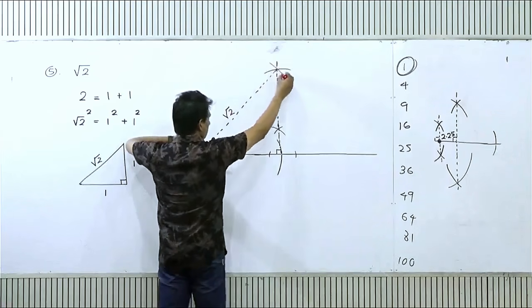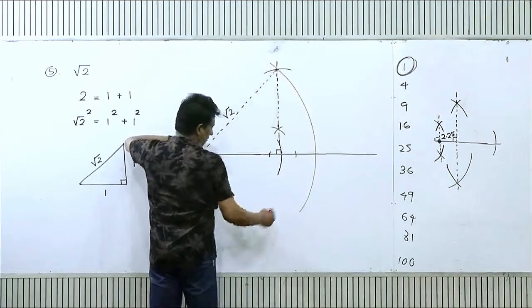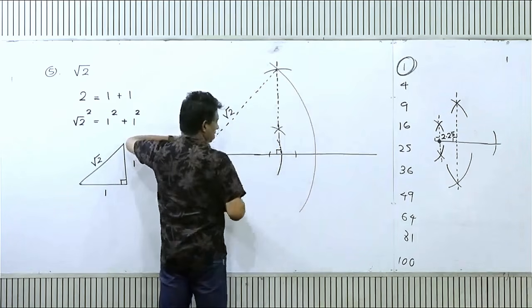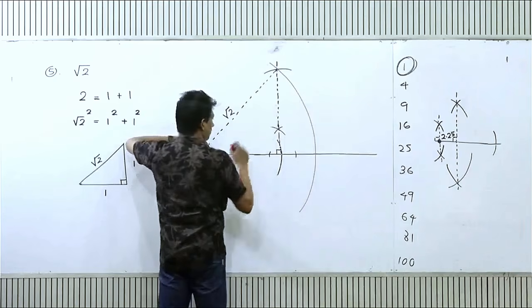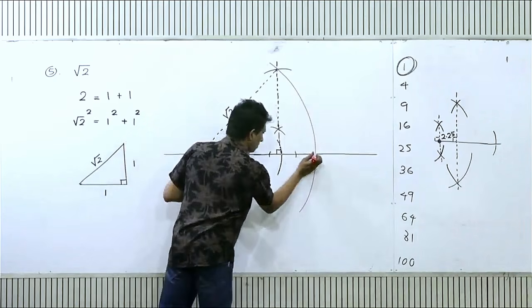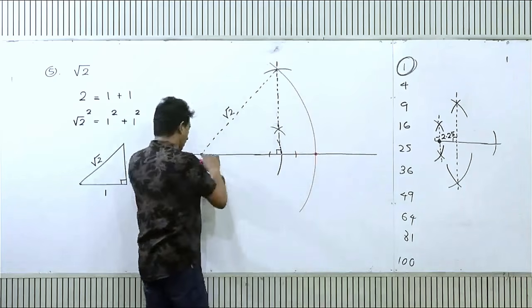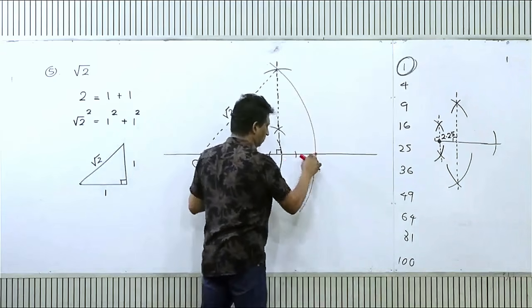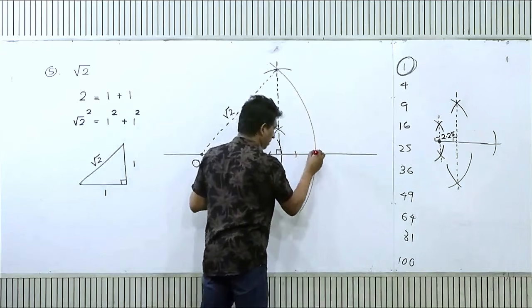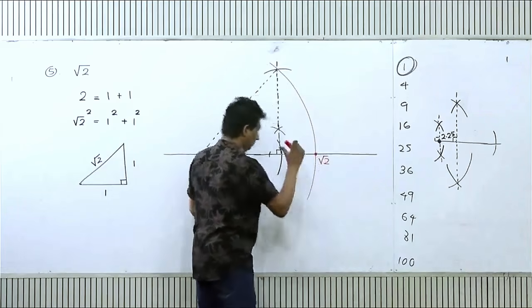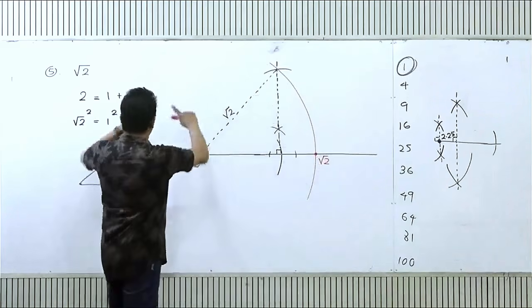Then we have to draw an arc like this. Then from this center to any point of this arc is root 2, no? Then from this point to this point distance is also root 2. This is the point. As this point to this point distance is root 2, what real number does this point represent? Positive root 2. That is the way. Right? Do this.